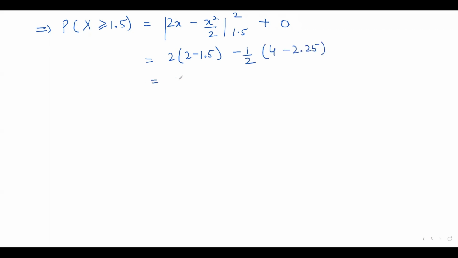After calculating, I will get here 1.75. So the final answer that I'm getting is this. So the first part was very easy. The tricky part is the second part that we need to find out, that is the CDF.